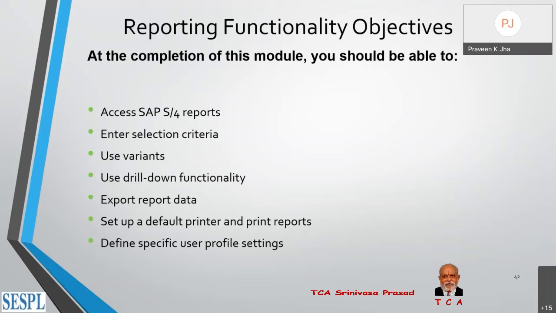You also define the user profile setting against your user ID, so that if you want to see the report in a particular layout or in some other fashion, you are able to execute that.